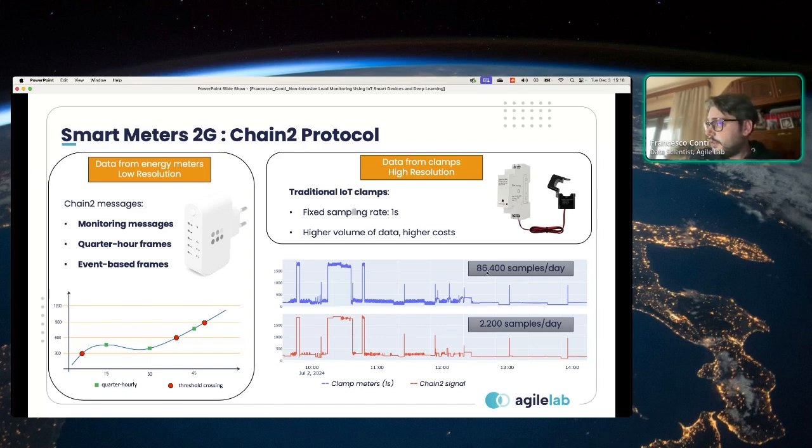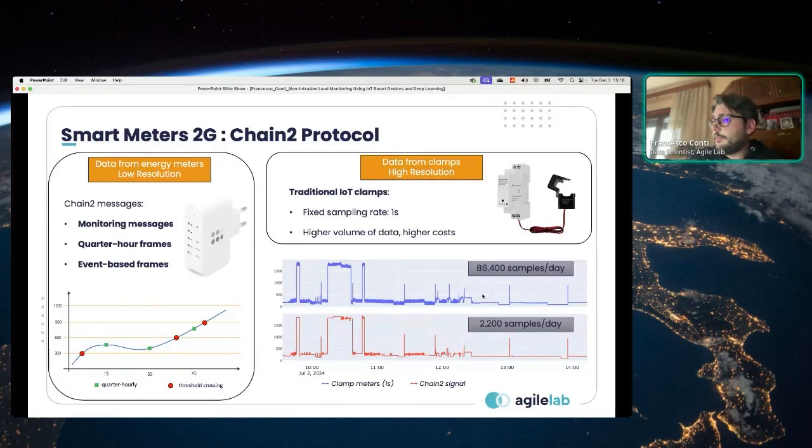Indeed, in the first case, we have 86,000 messages in a day, while in the second case, we have just 2,000 messages. That means that we will ingest less, with lower traffic, and we are processing less data. And this means that we are saving costs.